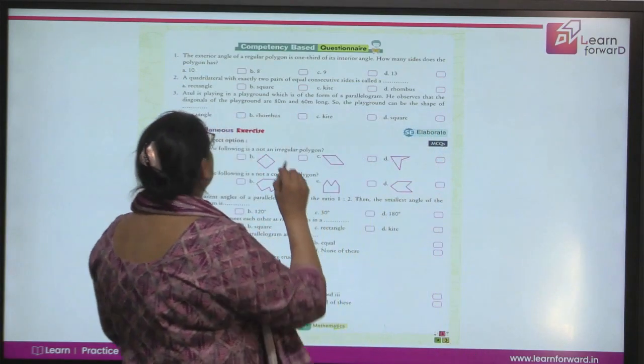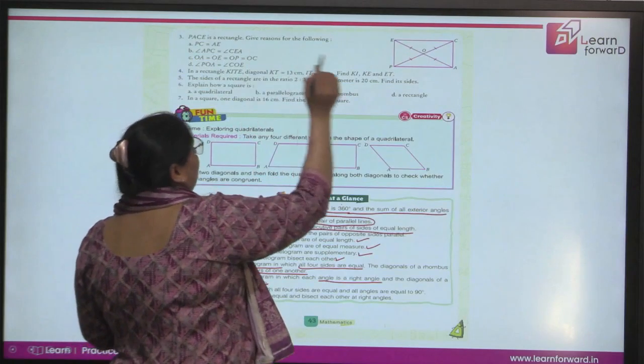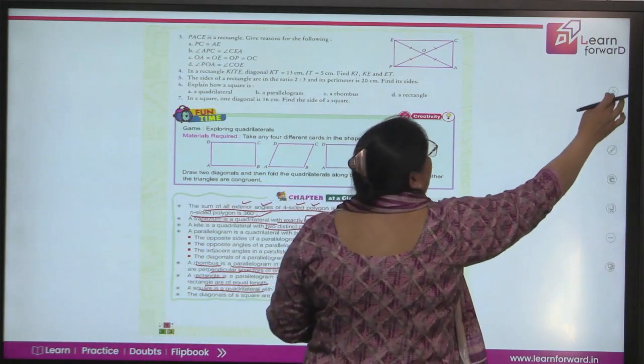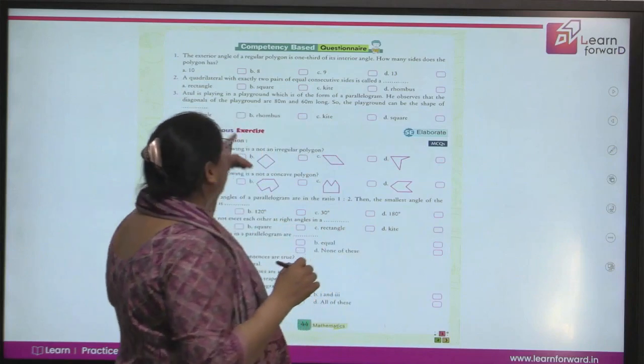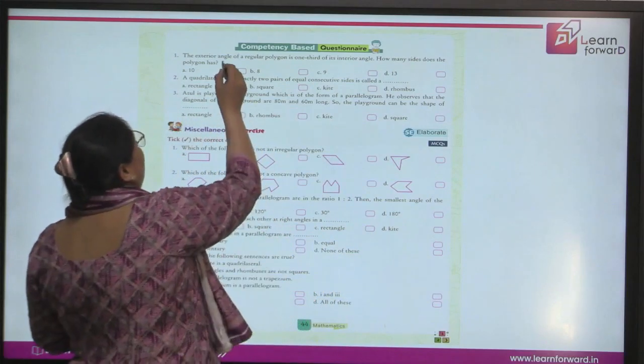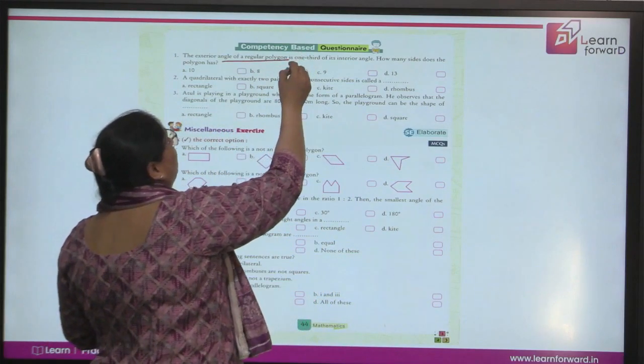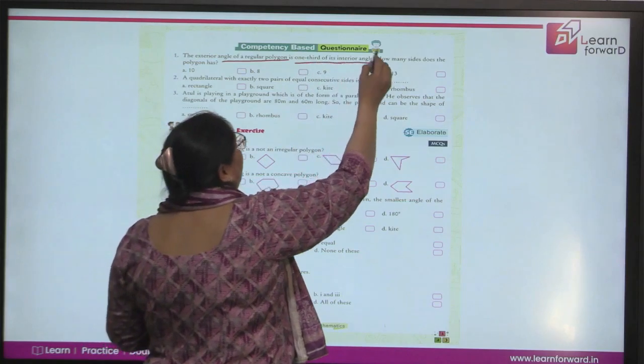Now, exterior angle, a competency based question. The exterior angle of a regular polygon is 1/3 of the interior angle.